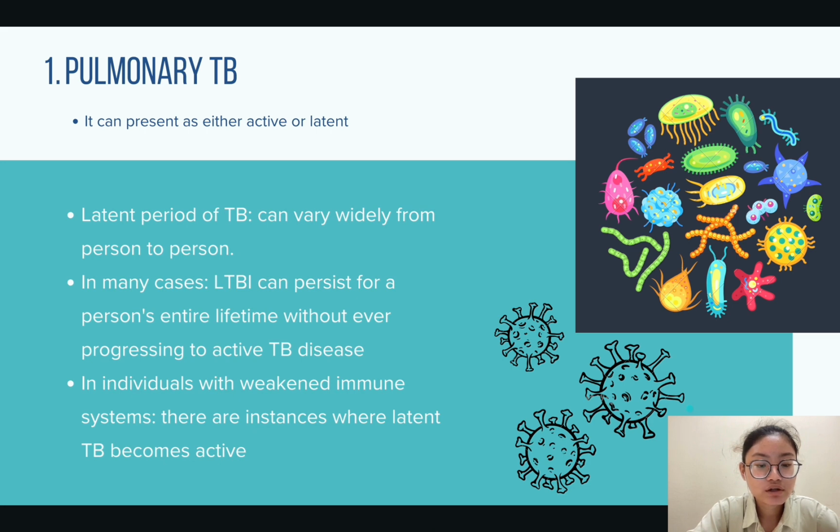The latent period of TB can vary widely from person to person. In many cases, latent TB infection can persist for a person's entire lifetime without ever progressing to active TB disease. However, there are instances where latent TB becomes active, especially in individuals with a weakened immune system.